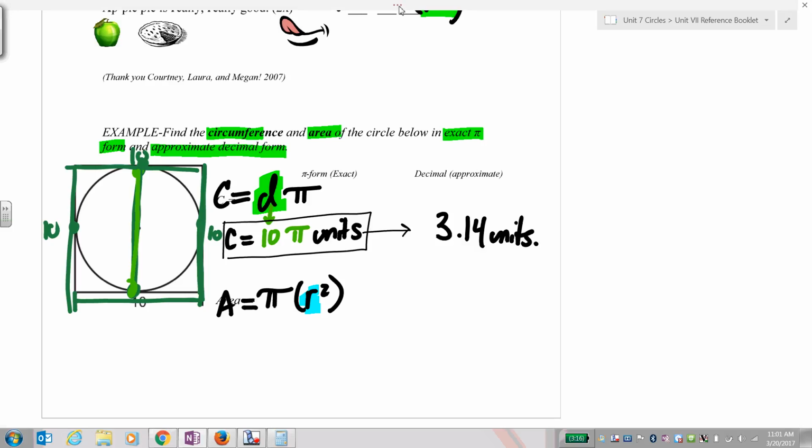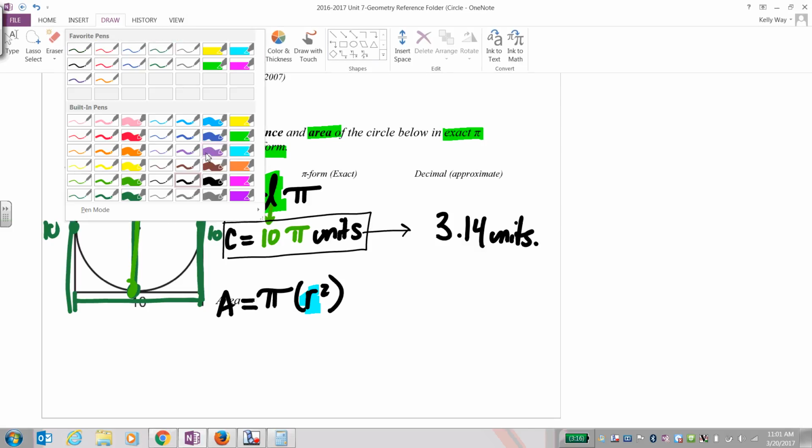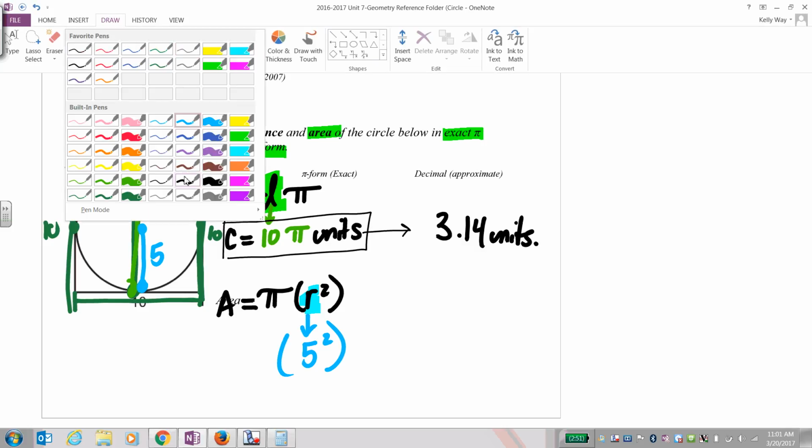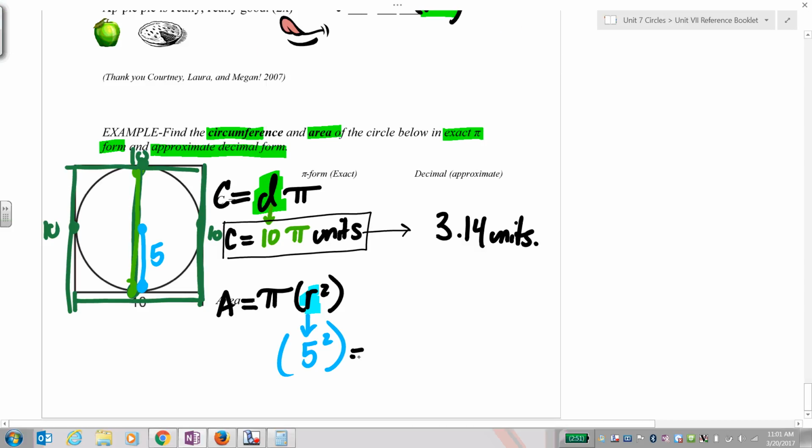Now come down here. All we need is the area. The whole thing is 10, so the radius is 5. The parentheses. So my area is going to be 25 pi. And units, and it's second dimension, so it's square.